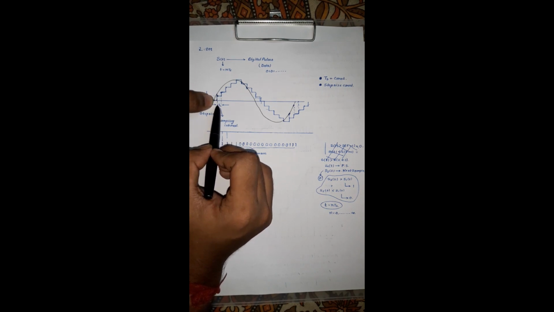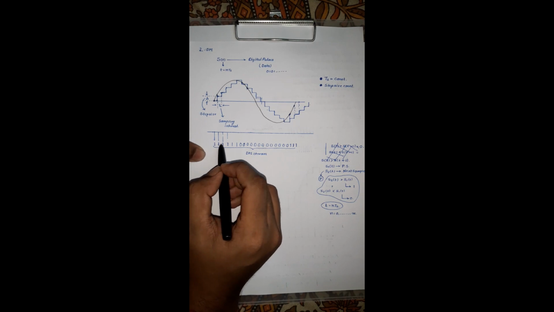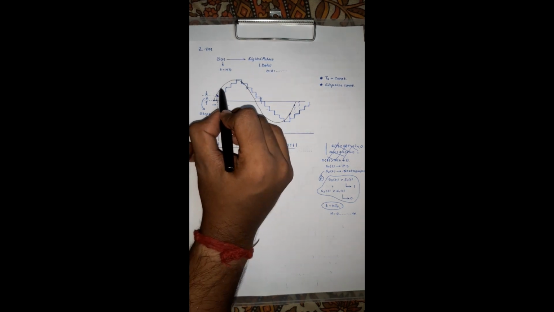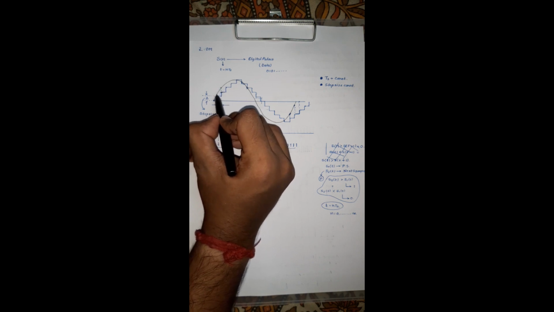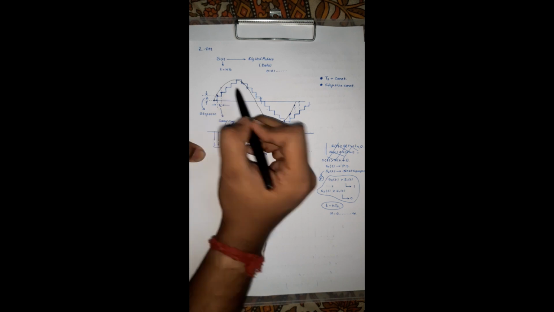If it notices that the amplitude it has sampled is greater than the last sampled amplitude, then it will produce a single 1 here. Again for the next sample, if it sees that the amplitude is greater than the previous one, then it will produce a 1.